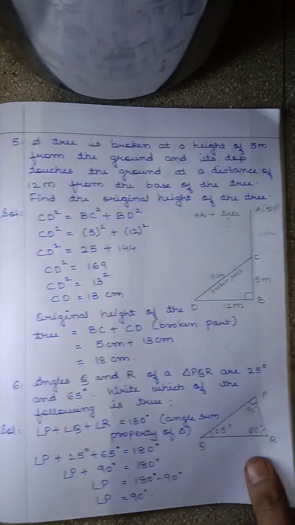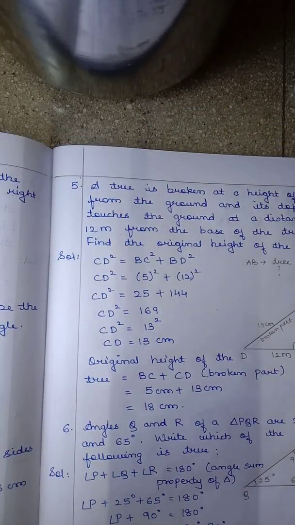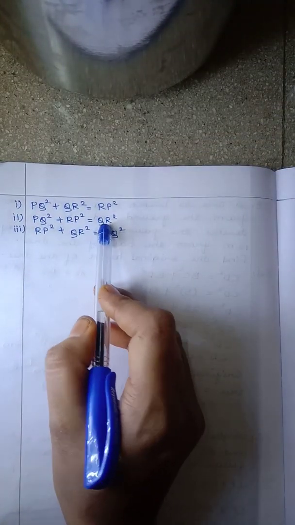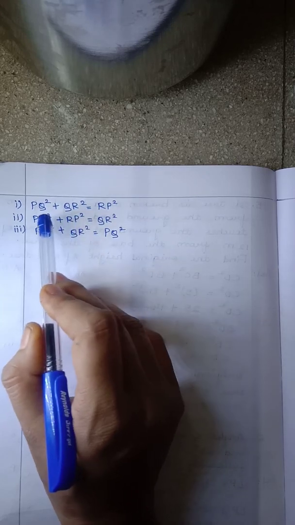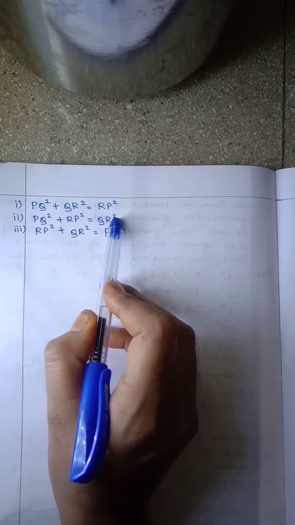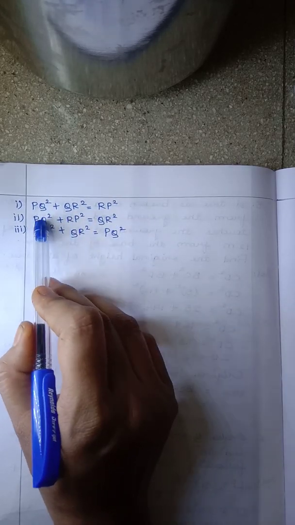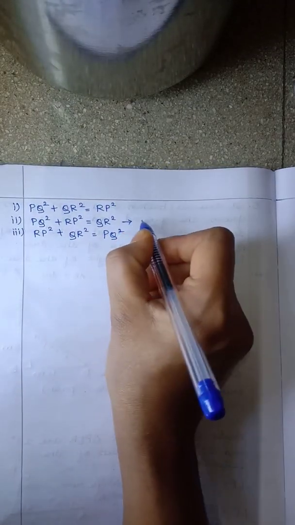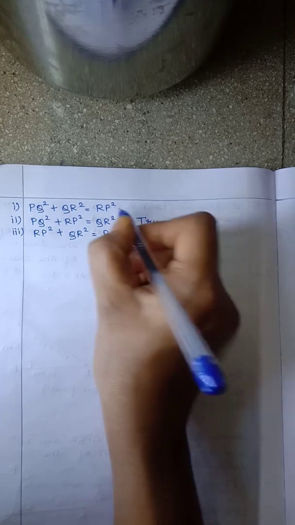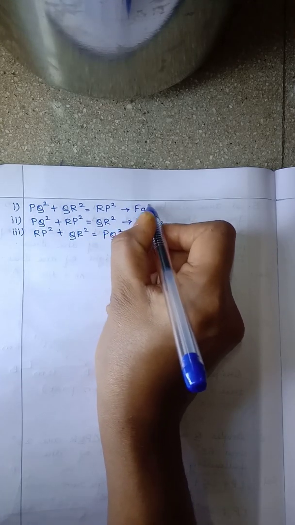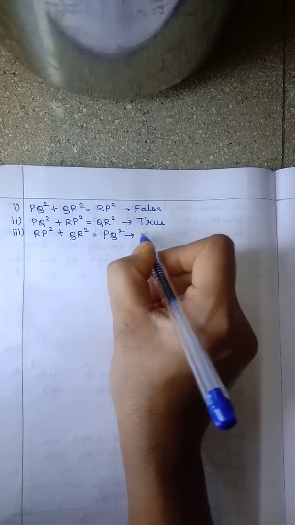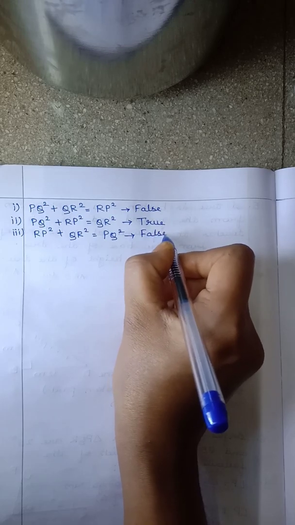So QR square is equals to, which one is that? Yes, the second one. Only the second one, QR square is equals to RP square plus PQ square, that is the square of the hypotenuse is equal to the sum of the squares of the other two sides. Only this one can be true. The remaining ones are false here. So children, based on the angles you can find out this.